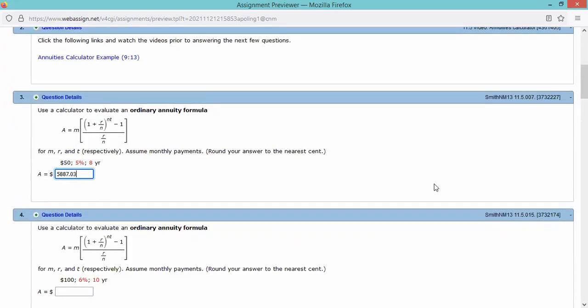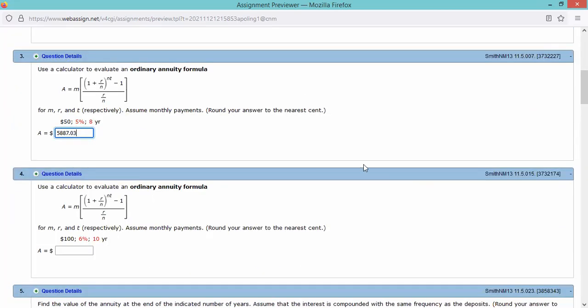We just did the same thing repeatedly in this exercise. So hopefully by the end of it, you've got a rhythm for the calculator work. And if you have any questions, let me know.